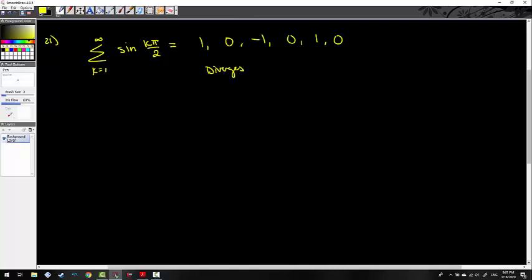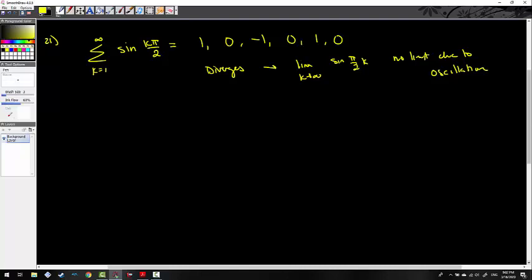And it's going to diverge with or without the alternator, because if there was no alternator, you would just have 0, 1, 0, 1. Realistically, the limit as k approaches infinity, now we're about to apply the divergence test, of sine of pi over 2k has no limit due to oscillation.